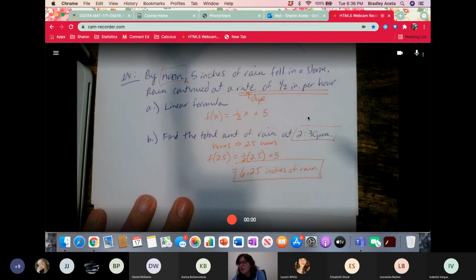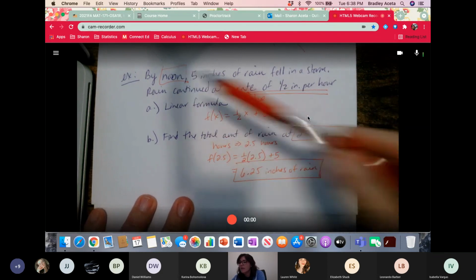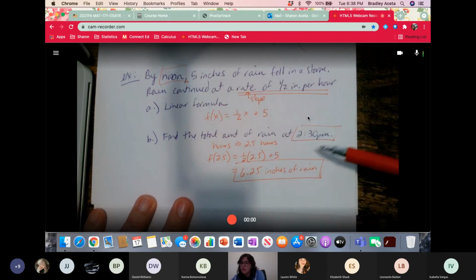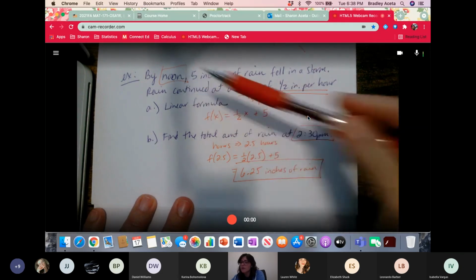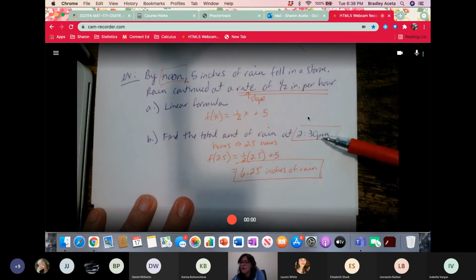They're going to have a time on it, like they might say starting at 1, and then you got to be careful here. Where did they start from, 1 o'clock or from noon in this case? From noon, I started 2.5 hours later, 2:30.